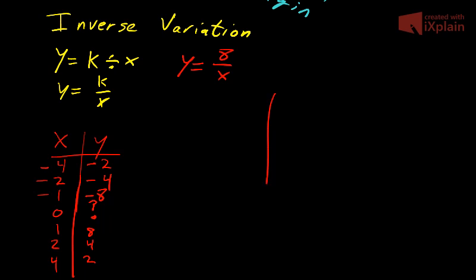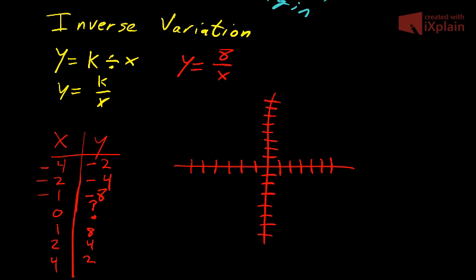And we will jump right into making a graph. So I need to make sure I go from -4 to 4 here, and add a couple extra points just to make sure we're good. And from -8 to 8.